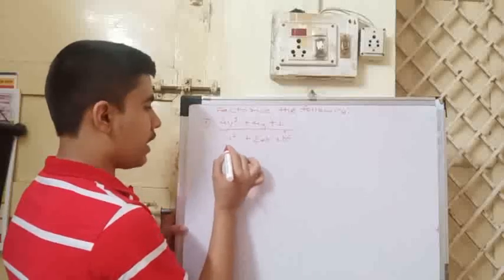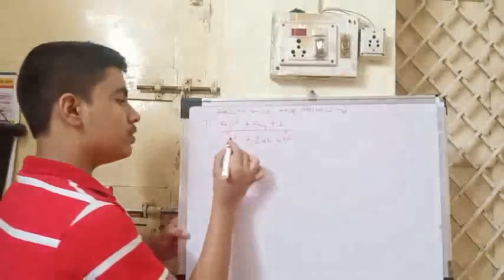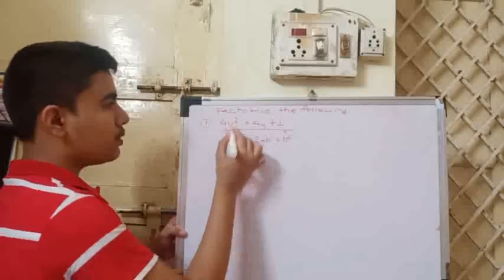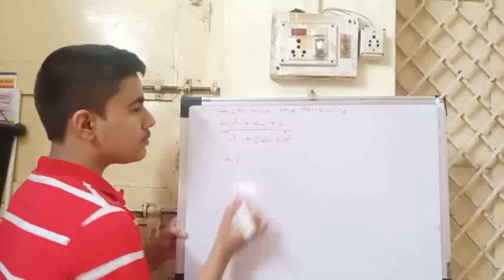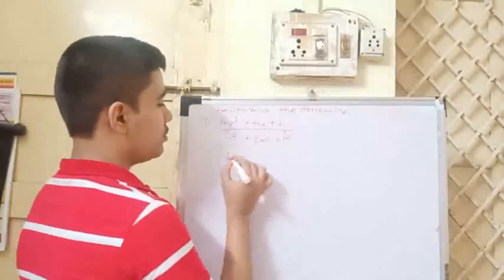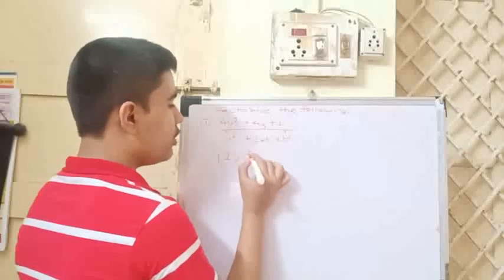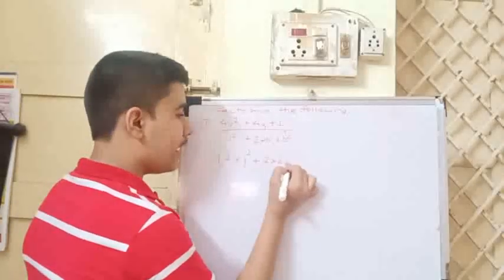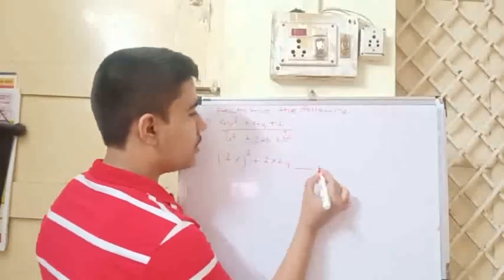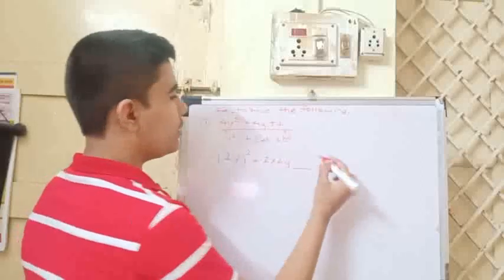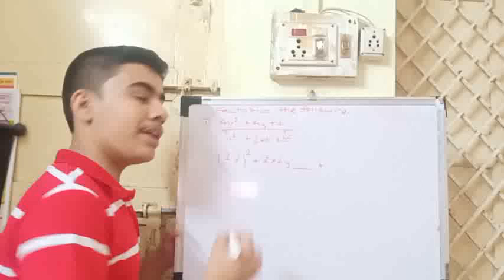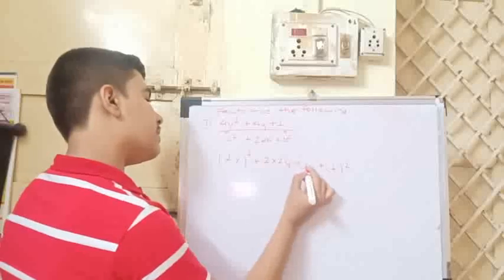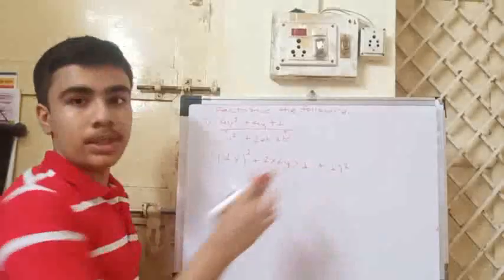If it is a square and I take the square root of 4y square, then the square root of y square is y, and the square root of 4 is 2. Then I will take it in the whole square, then plus 2 into a, which is 2y, and b we have to find, so I will leave some space here. 1 is a square and its square root is also 1, so we multiply by 1, because 2 into a into b is our formula.